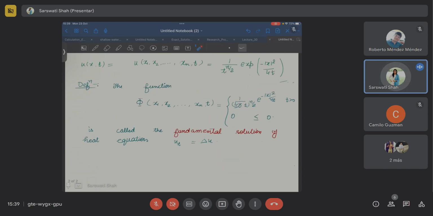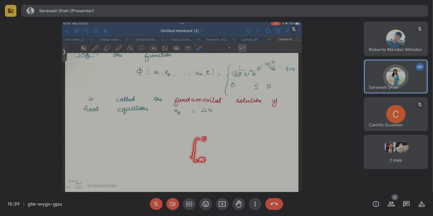This is also a solution, but for that you are going to get the integral of phi dx equal to 4 pi to the power minus n by 2. So to make it 1, what we did, we divided it by 4 pi to the power n by 2, and then it becomes 1. So that forms a fundamental solution.